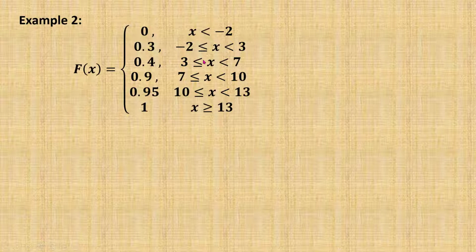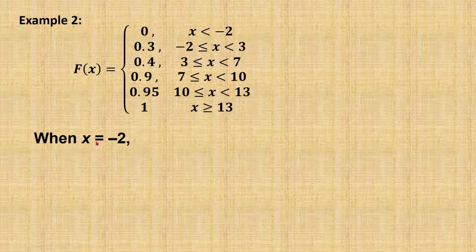So from this cumulative distribution function, notice that x is equal to -2, 3, 7, 10, and 13. For each value of x, we are going to find the probability.